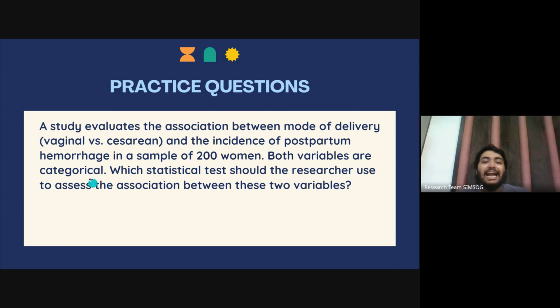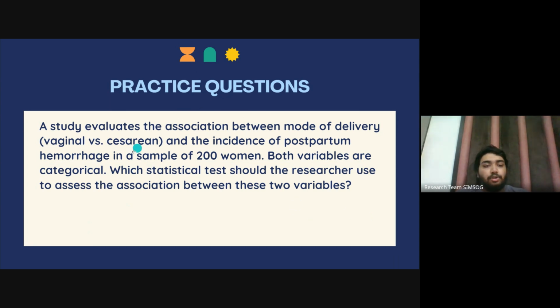Both variables are categorical. Now they themselves have told categorical. Incidence is a yes-no question, right? In totality, you will find incidence in terms of a number, but for a particular woman, PPH will be plus or minus, like whether she has or doesn't have. So yes or no. So which statistical test will you use?